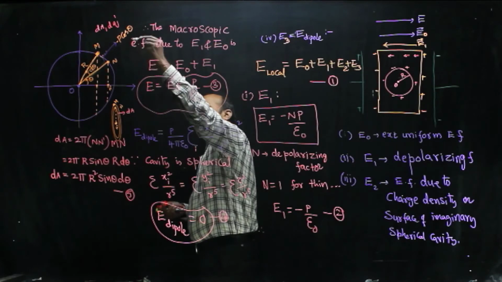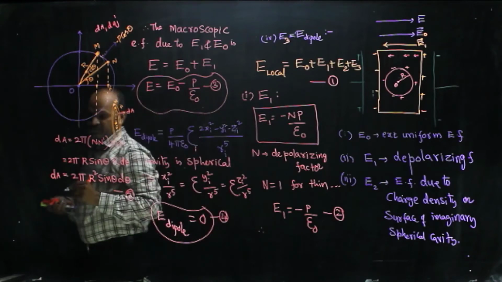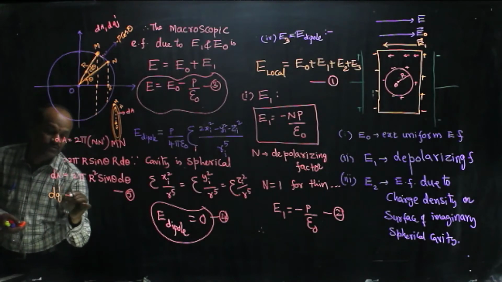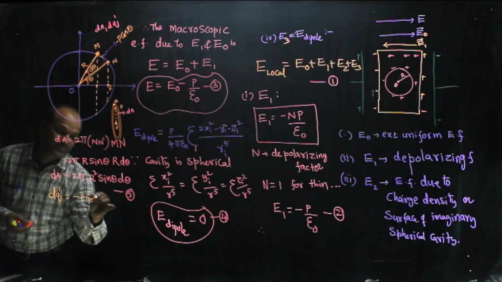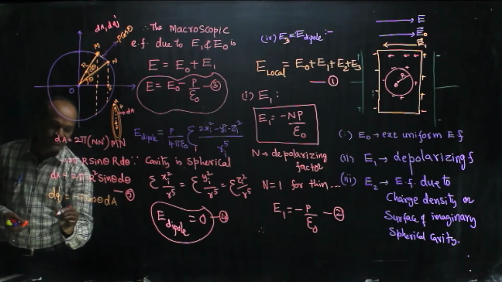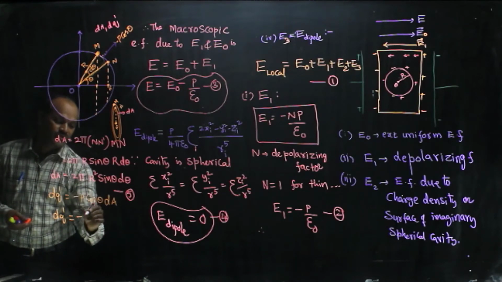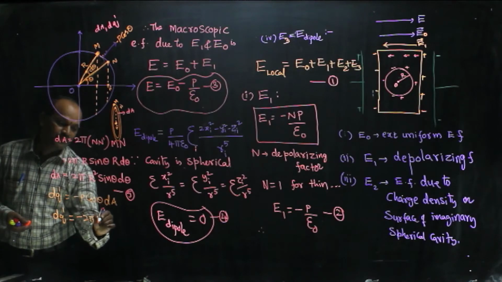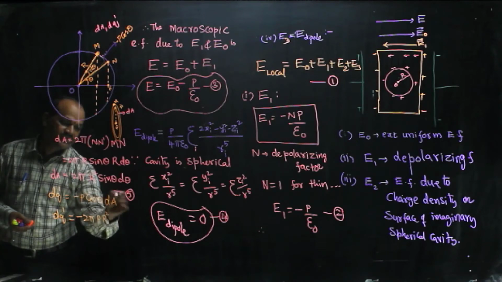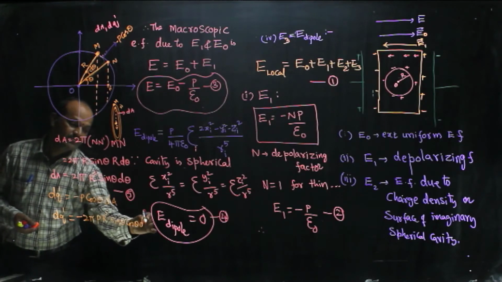If polarization is minus P cos theta, what is the charge value? Polarization is charge per unit area, therefore dq dash is equal to polarization into area. Substituting here, you get dq dash equal to minus 2 pi P R squared sin theta cos theta d theta.